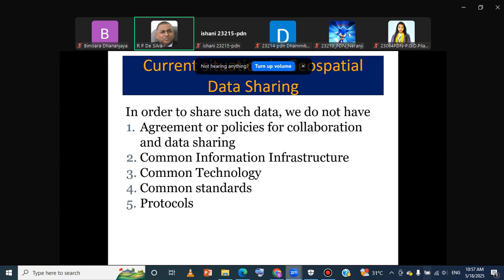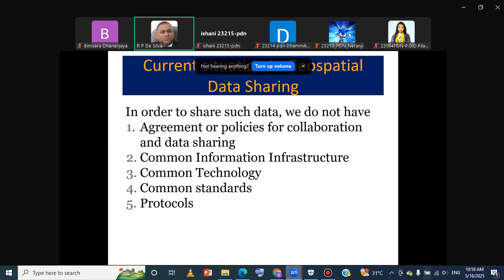Recently, we had a high-powered committee for telecommunication infrastructure, with members from ICTA, all major telecom companies, and government ministries, and I was also involved in that as a member of the committee.